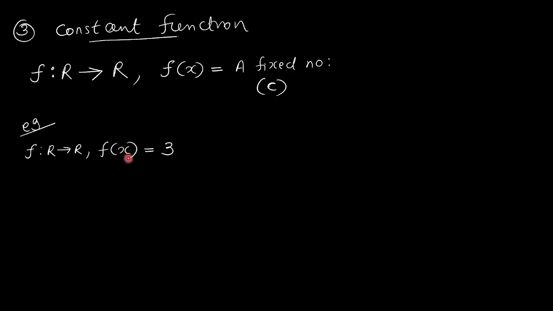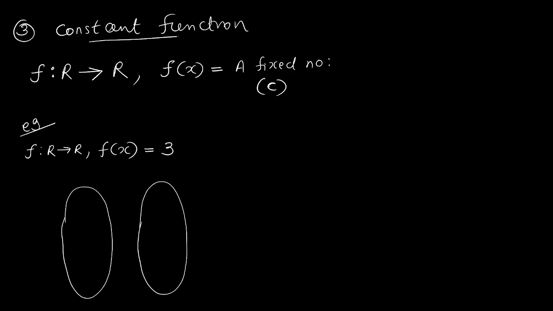So the constant function means the image is a fixed number.